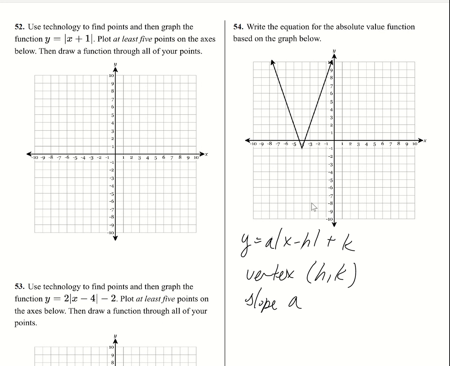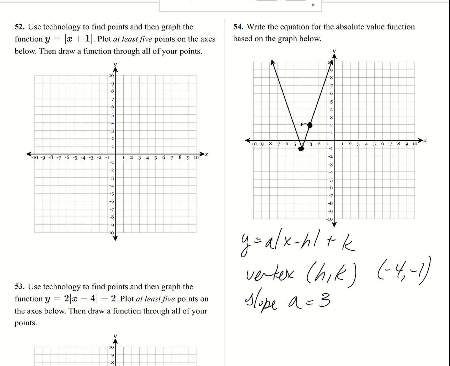So here, I can identify the vertex right here where we change direction as -4, -1. And I can identify the slope if we find another point where it goes right through the grid. So like right there, I'm going up 1, 2, 3, and over 1. So my slope is 3, or 3 over 1.